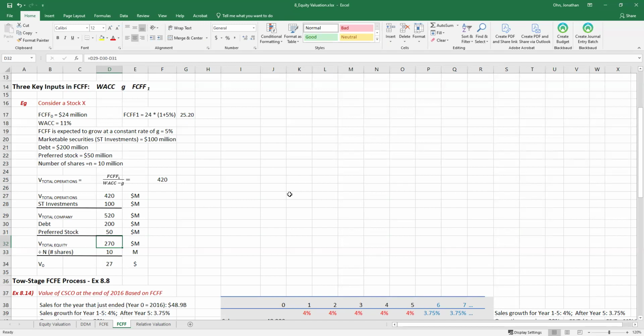Now we have 10 million shares for our company. If you divide the total equity by 10 million, $27 is the common stock intrinsic value. Okay, $27. All right.